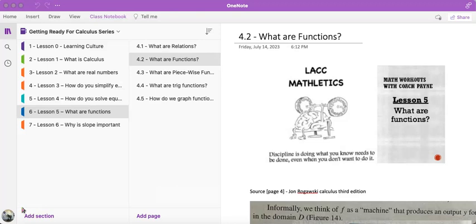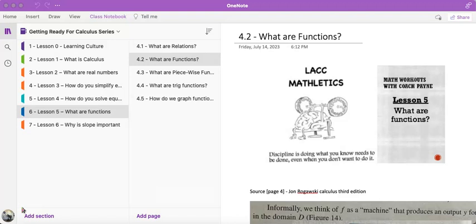And so, just to recap, we've been talking about what is calculus. And remember, calculus is the study of continuous change that we saw in lesson 1. Then in lesson 2, we talked about the different types of real numbers, and we were talking about rational numbers, irrational numbers, and how that's going to play a role in our functions when we're talking about domain and range.